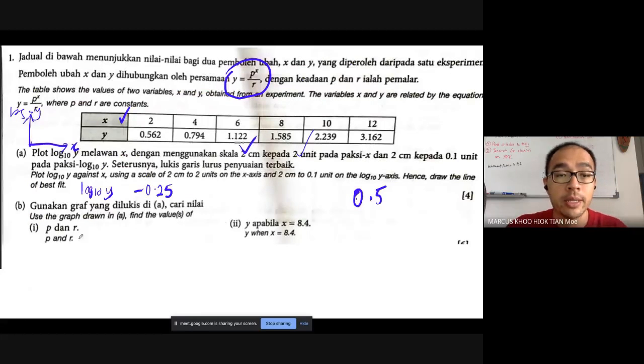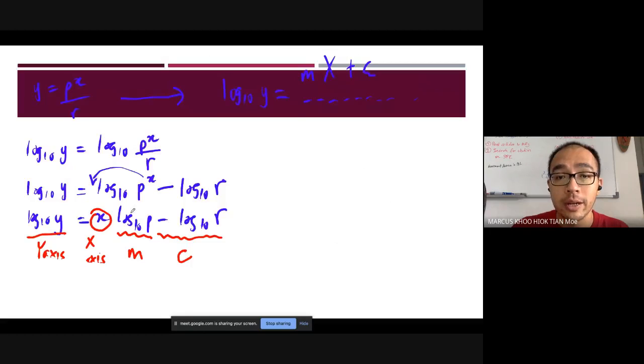Notice that we have already answered this question. The steps are pretty much the same, but the one thing I want you all to notice, and this is a very common mistake, is that people always forget these words: use the graph. This is how we use the graph.